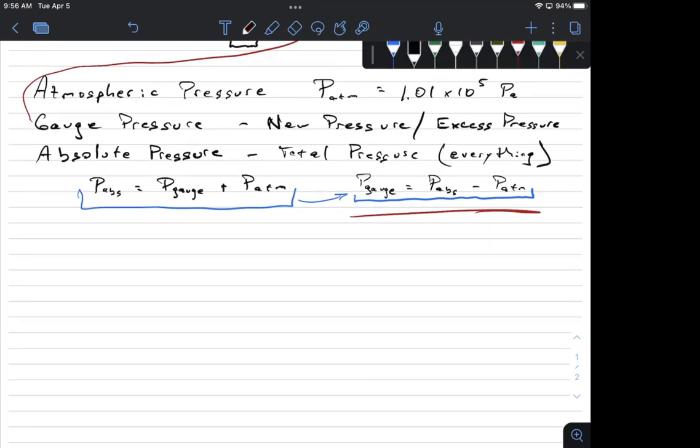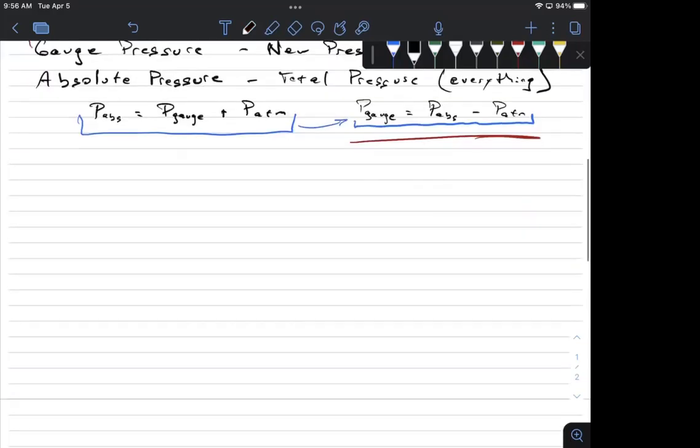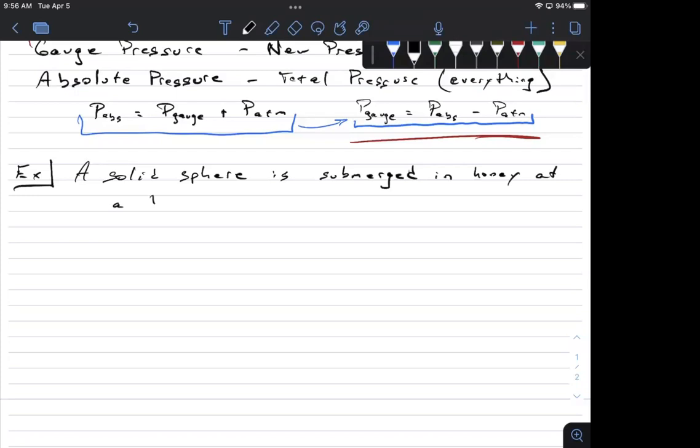So what is a typical kind of example or a problem you might see? Well, it goes something like this. A solid sphere is submerged in honey at a depth of 3 meters.